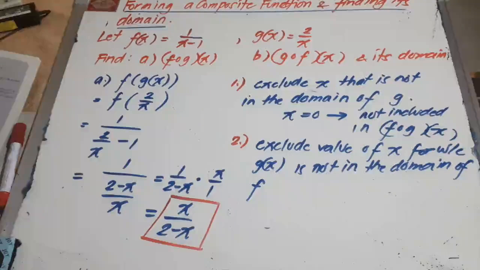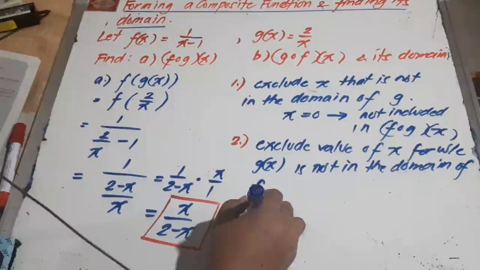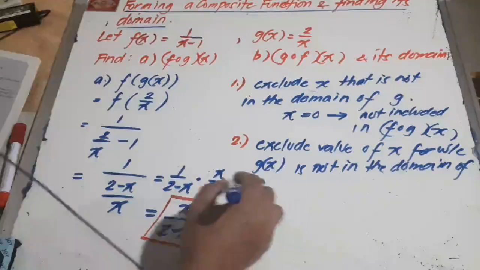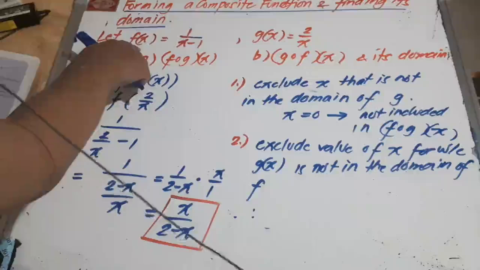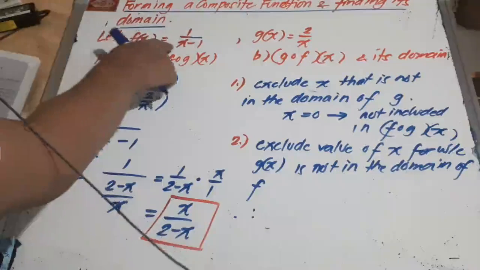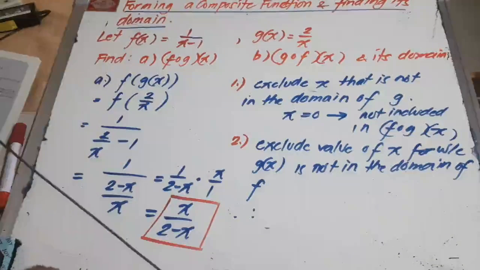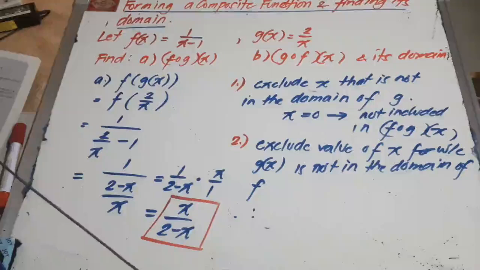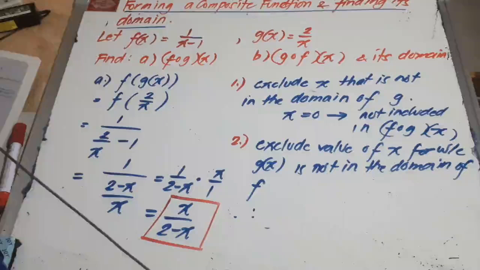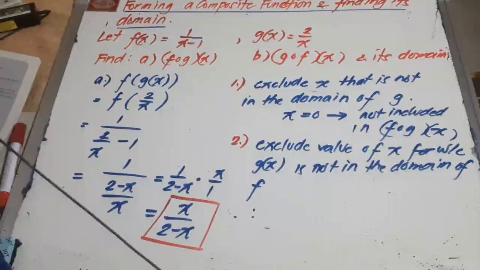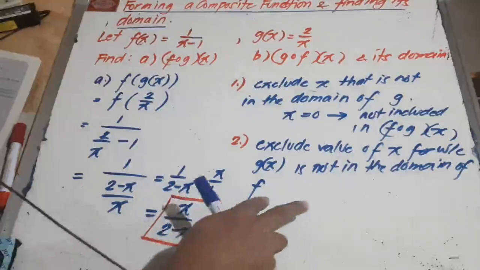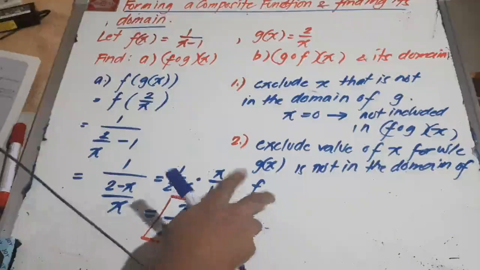Ibig sabihin, hindi daw natin isasama yung value of x na kung saan si g of x ay wala sa domain ni function f. Ano daw? Ibig sabihin lang po nun, ano ba yung restriction ni f of x? Ang restriction ay x should not be equal to 1 because if that happens, the denominator will become 0. So yung wala sa domain ni f, si 1. Okay?